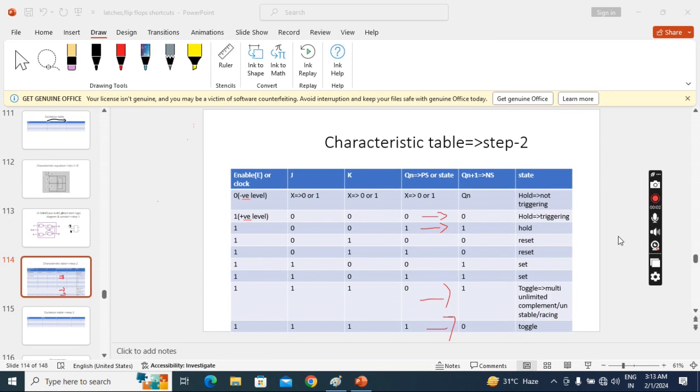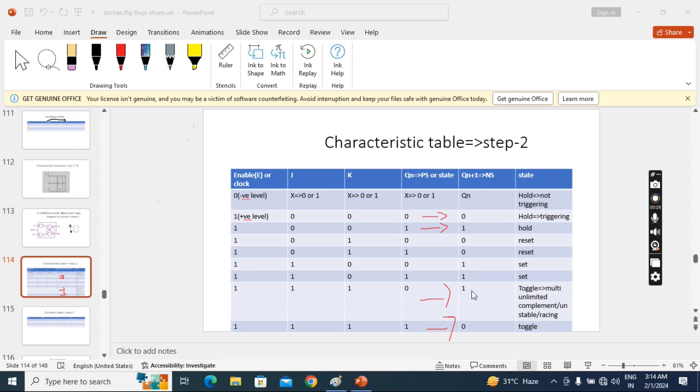In this lecture, we'll see the meaning of toggle, invalid state, unstable state, or racing. In JK flip flop, when the clock is asserted and J and K both are equal to 1, the present state will become its toggle in the next state.